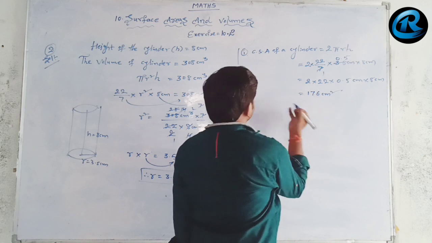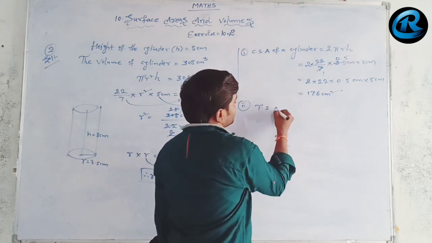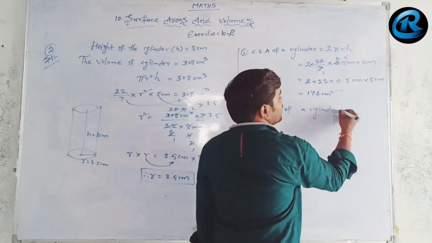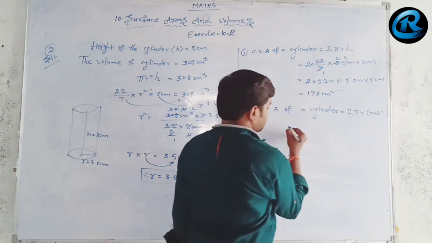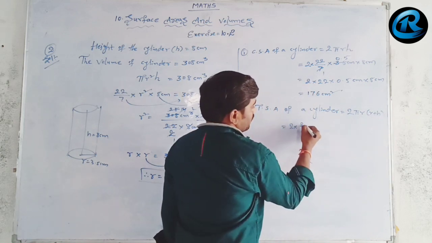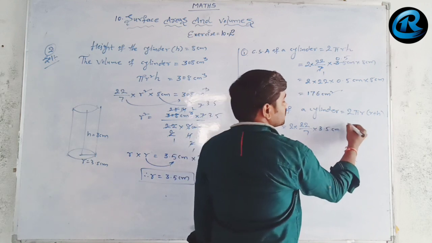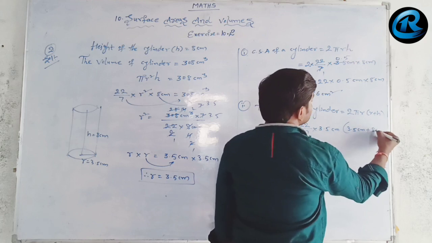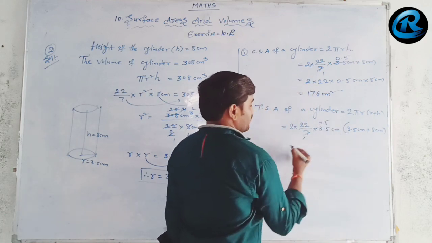176 centimeters square. The next one we need to find is the total surface area of a cylinder. That is 2 pi r of r plus h, where 2 into pi value 22 by 7, r value 3.5 centimeters of 3.5 centimeters plus h value is 8 centimeters. 7 ones are 7, 0.5.